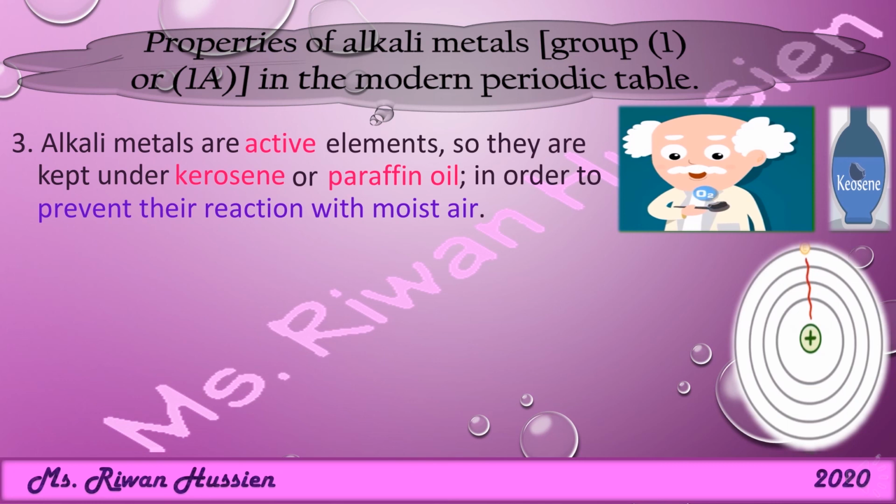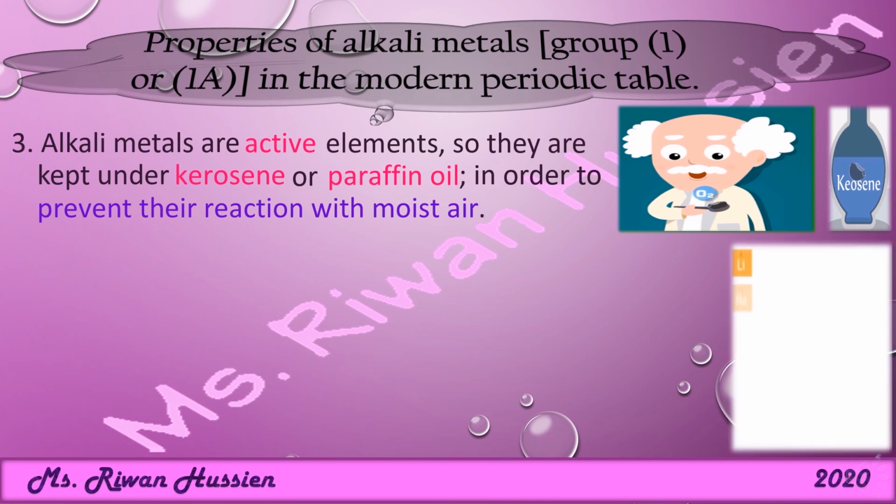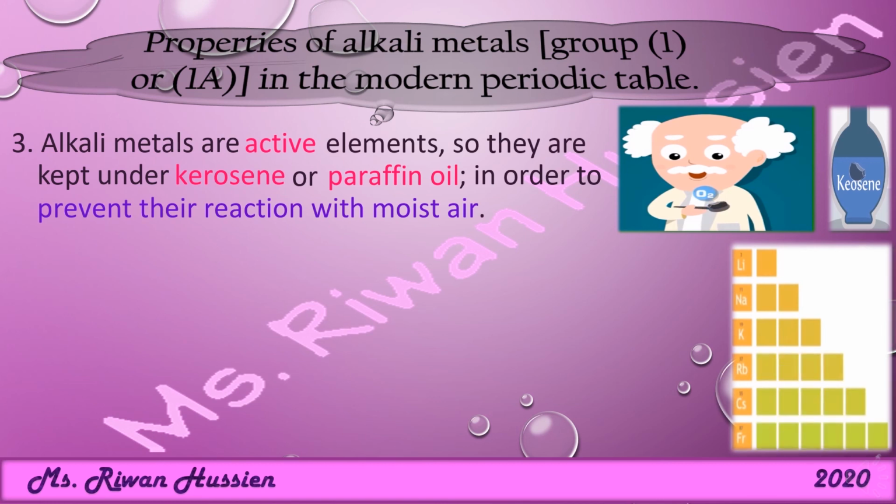So, the electron in the outermost energy level will be less attracted to the nucleus, therefore more easily lost. So, we can conclude that moving down the group, the elements become more active.